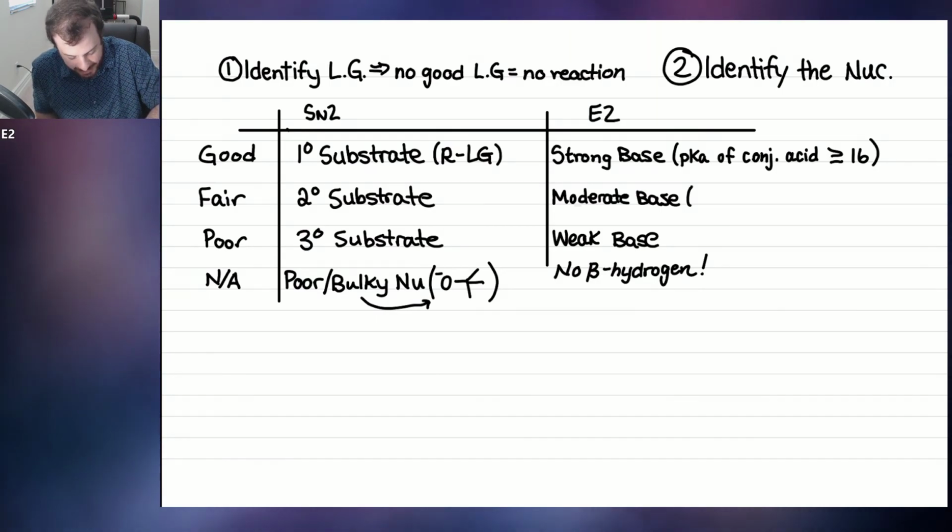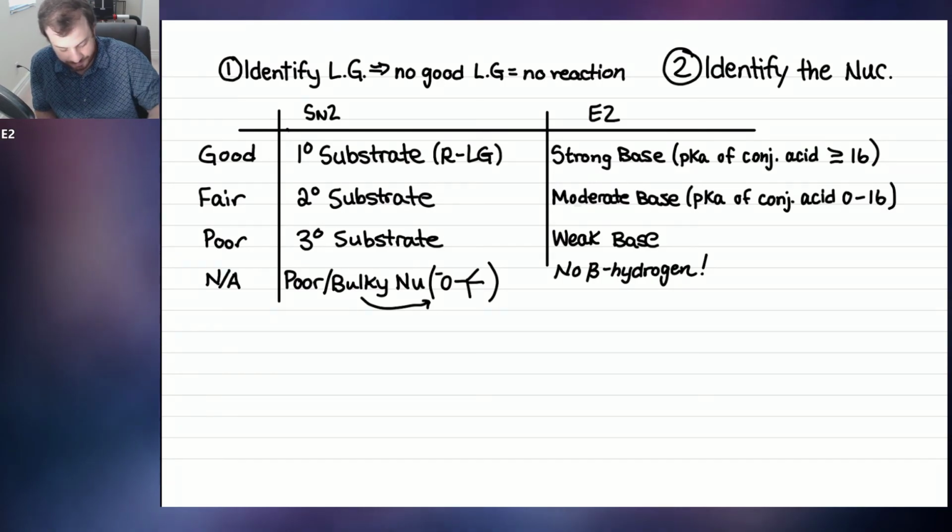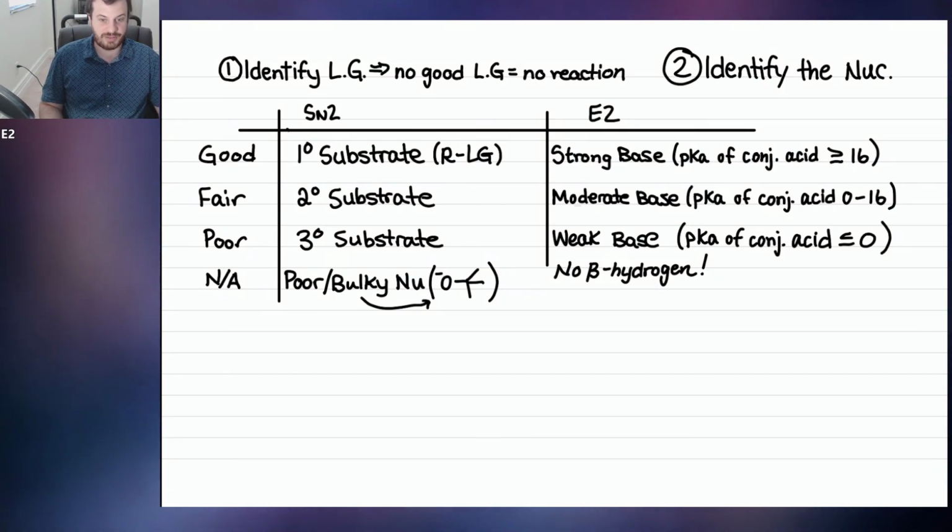For the moderate base, that's going to be a pKa of the conjugate acid of 0 to 16. And a weak base will be a pKa of the conjugate acid less than or equal to 0. And that's our table.